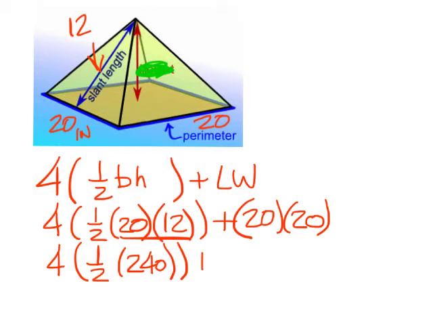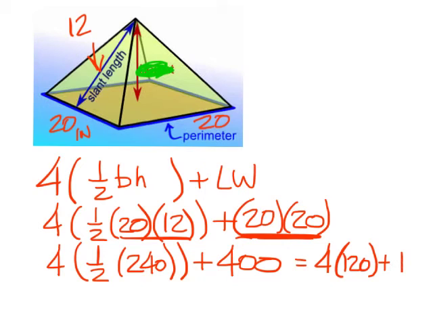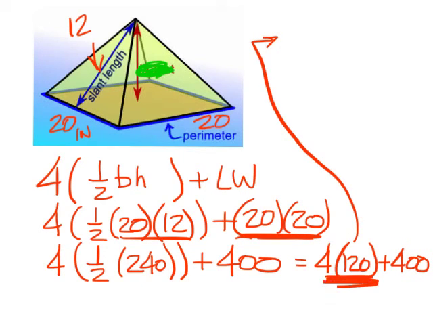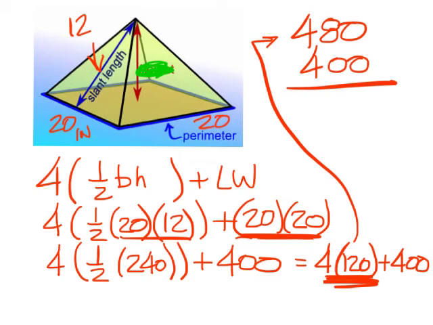And then you can go back and simplify that after you do 400 here for the 20 times 20. 1/2 of 240 is 120. And we'll have to finish this at the top. 4 times 120 is 480. And then plus 400 is going to give us 880 inches squared.